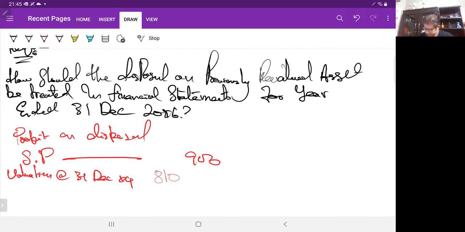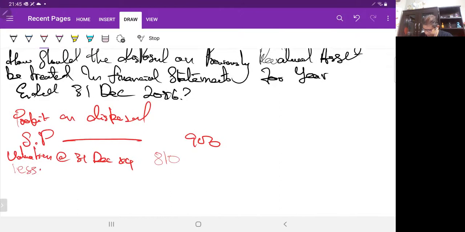Now less the depreciation. What was that? 810 divided by remaining life, which was 9 years, and we will consider it for 2 years, obviously, because we used it for 2 years.